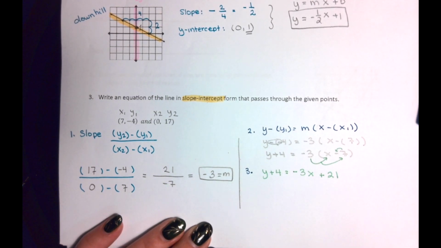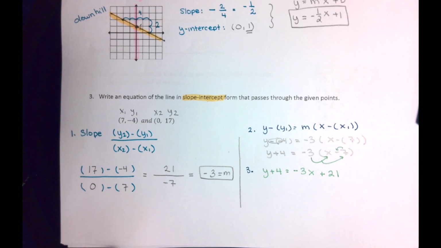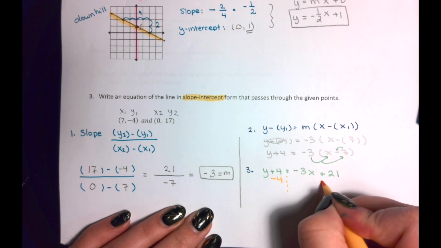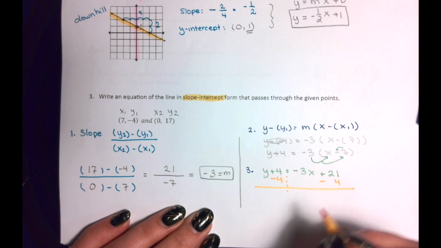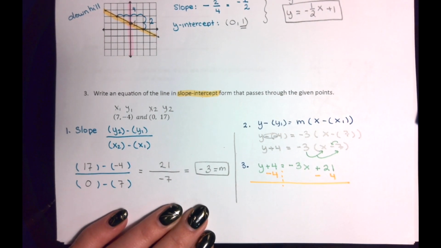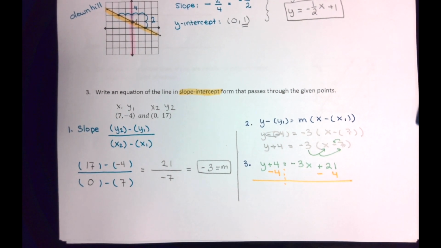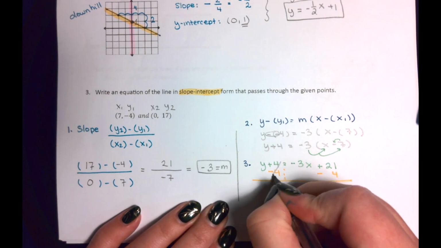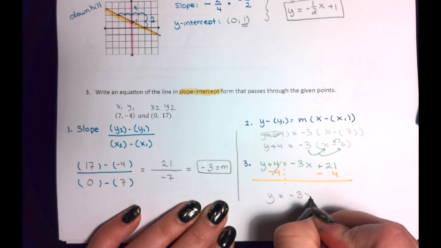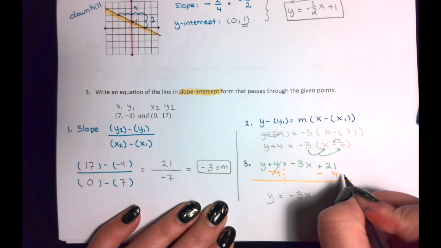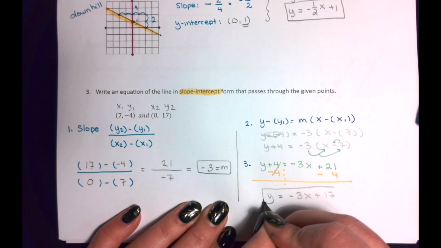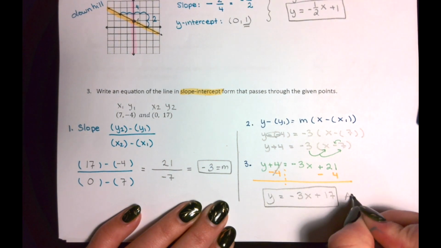Now this is not the answer still because we need to solve for y. Subtract 4, and we're going to get our answer as y equals -3x plus 21 minus 4, which is a positive 17. This is your answer.